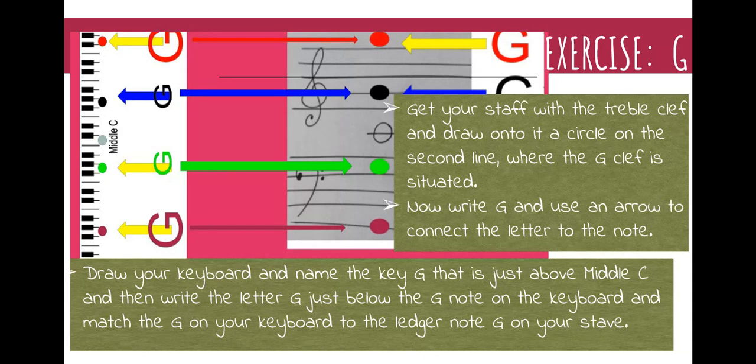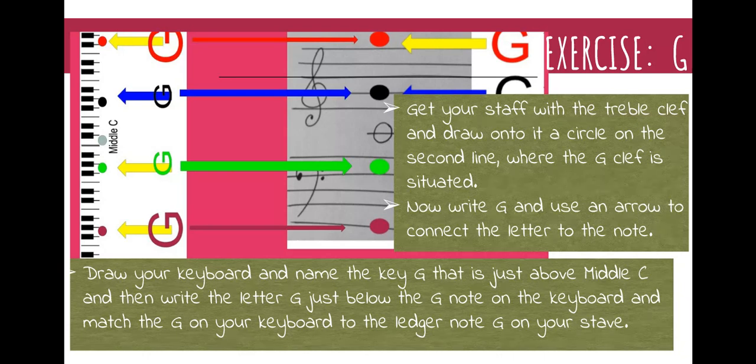That's going to be one octave above the G clef. Then draw another staff with a bass clef on it, and draw your next G on the fourth space, which is an octave below the G from the G clef, and then draw another note on the first ledger line of the bass clef, which is 2 octaves below the G from the treble clef.